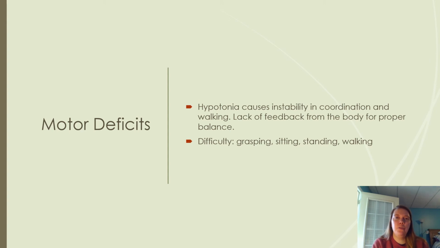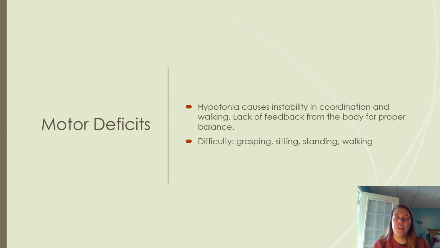Individuals with Down syndrome also have different motor deficits. They are very clumsy individuals because of the lack of feedback for balance control, and they have an instability in coordination due to hypotonia.